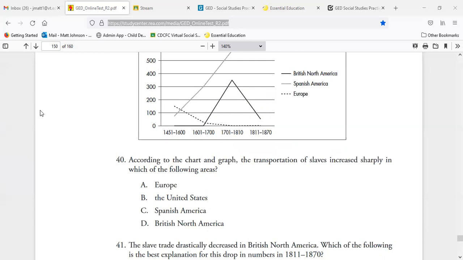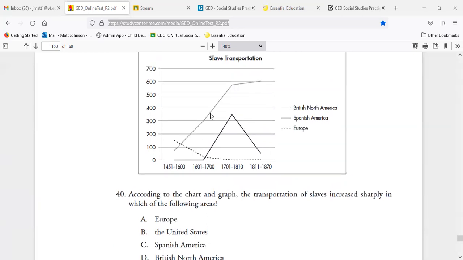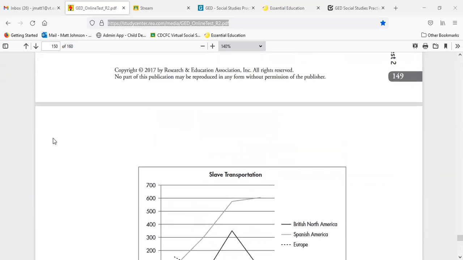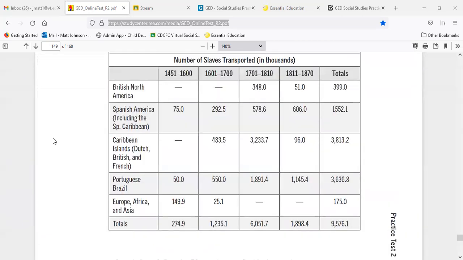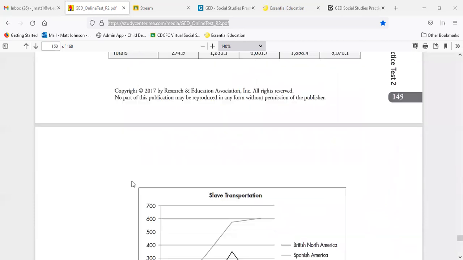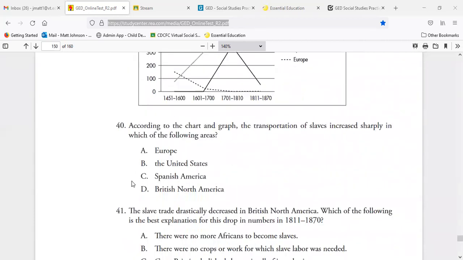It just skyrocketed, soared through that time, and didn't trail off until the abolition, really, of slavery. And we could also see in the table here, 75,000 in the first time frame and 606,000 in the last time frame. So we could see a great increase over time there as well.